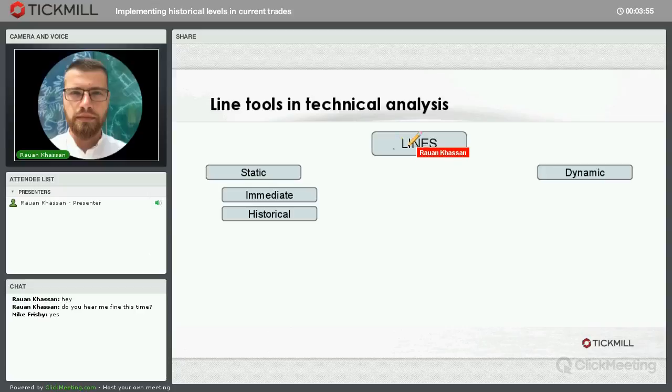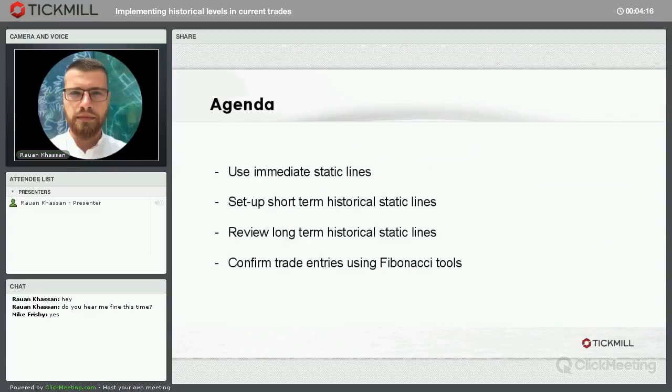Just to remind you that basic lines are subdivided into static and dynamic. And going further, static lines can be separated into immediate and historical lines. So let's start with the immediate type of lines. A little agenda.